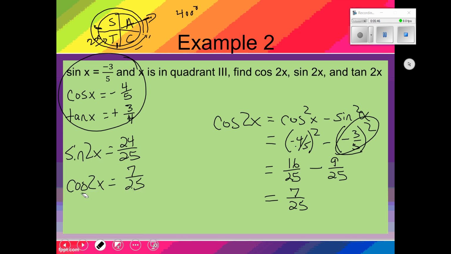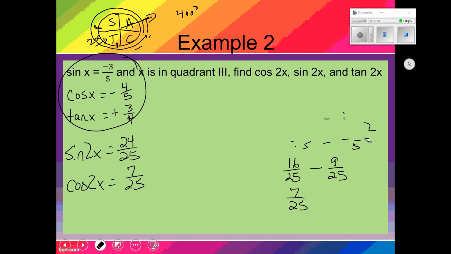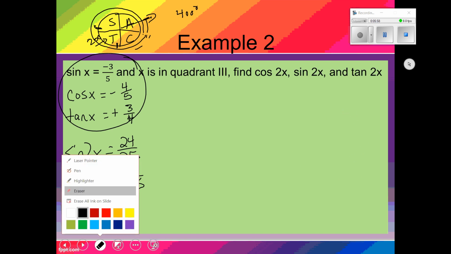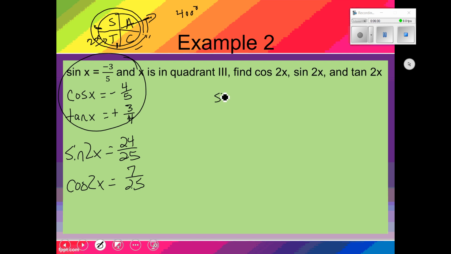Okay? And then we figured yesterday that you can use the formulas for tangent. That is just fine. But we also figured that we know that sine over cosine is equal to tangent. We also know that sine squared x over cosine squared x is equal to tangent squared x.